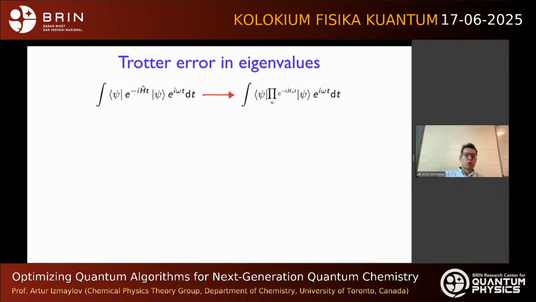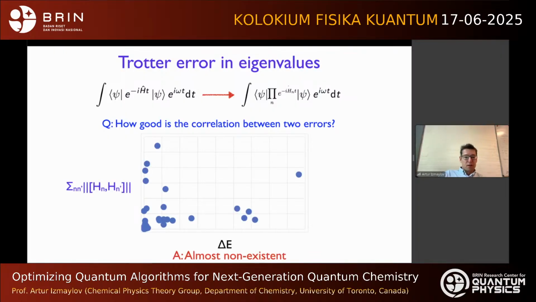Because what we can do, we can just simply substitute the unitary evolution by Trotter and calculate the difference in energies that we get, right? How good is the correlation between two errors? Here's the result. So there's the proxy on the y-axis and the actual error delta E on the x-axis, right? So as you could see, you don't need to be a professional statistician. There's almost no existing correlation, okay, between these two.